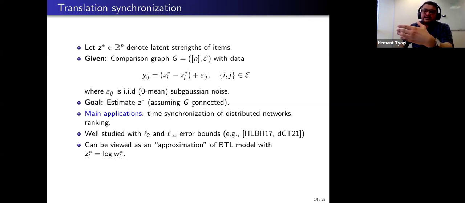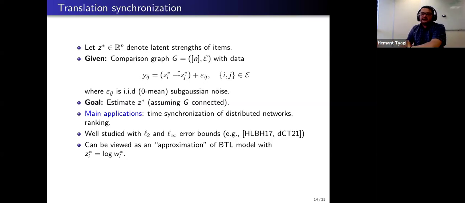And this has applications in synchronization of distributed networks and also in ranking, because this model can be viewed as a first-order Taylor approximation of the BTL model. Not with zero-mean noise, but with some Taylor noise. If you have a BTL model, you can write down a Taylor expansion and arrive at something similar to this.